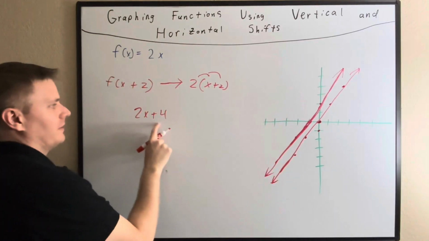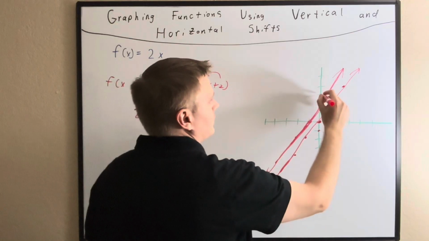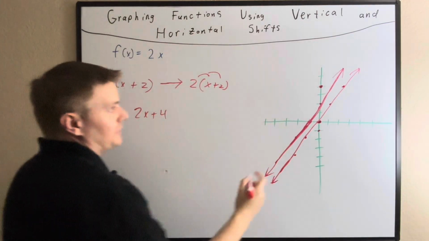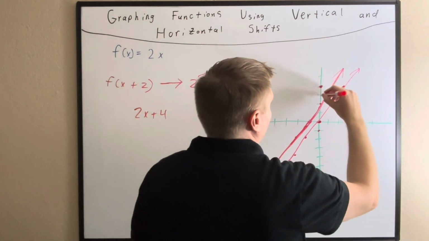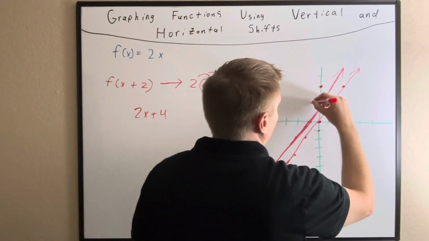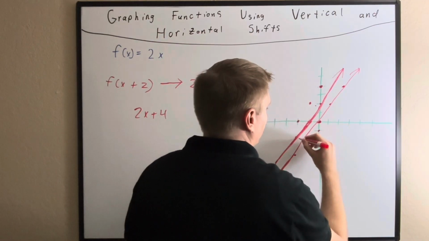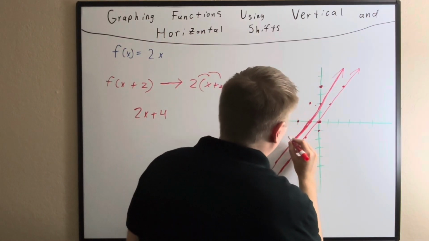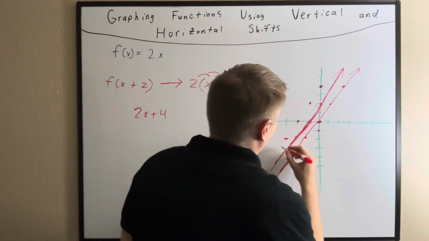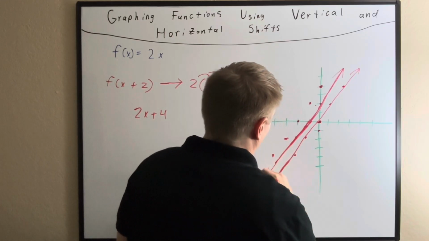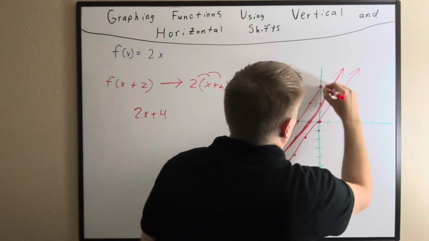Because now our y-intercept is at positive 4, 1, 2, 3, 4, right? And the slope is still the same. 1, 2, 1 over. Okay, right?